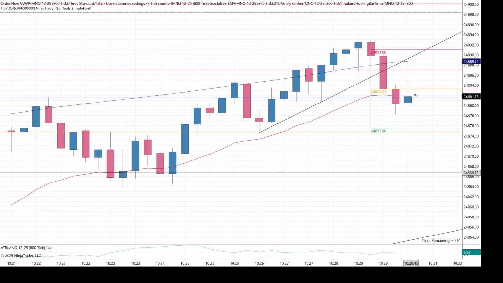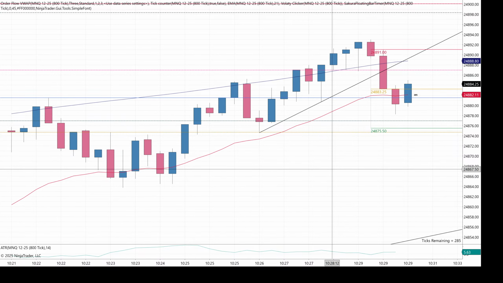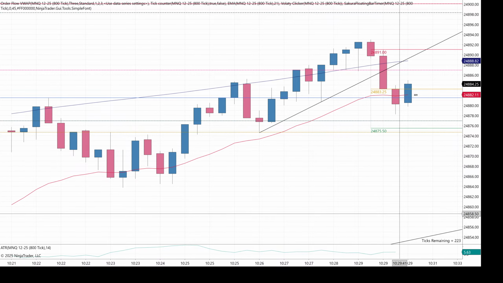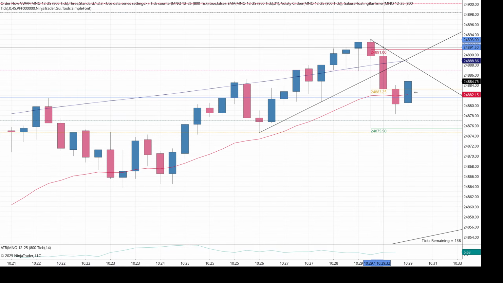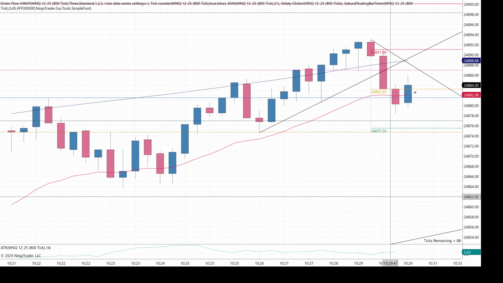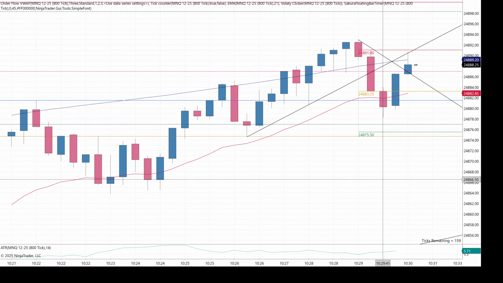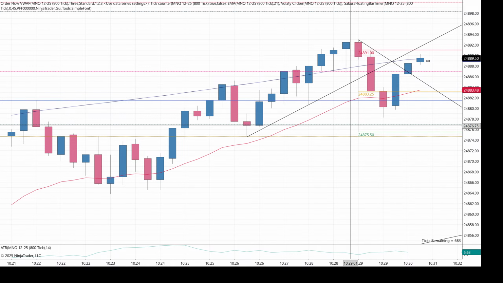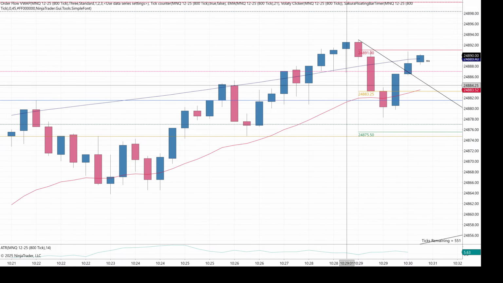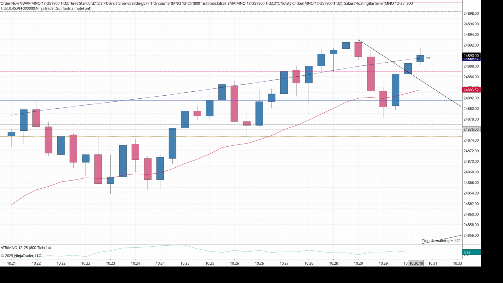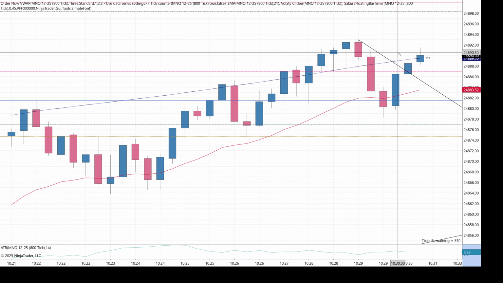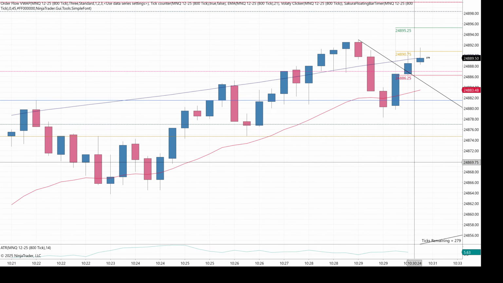We can't take it. All right, this bearish trade is out. This bullish trade triggered higher, but can't take it.